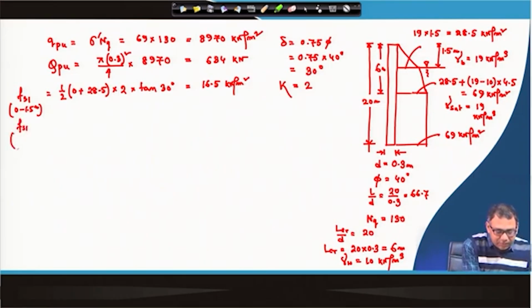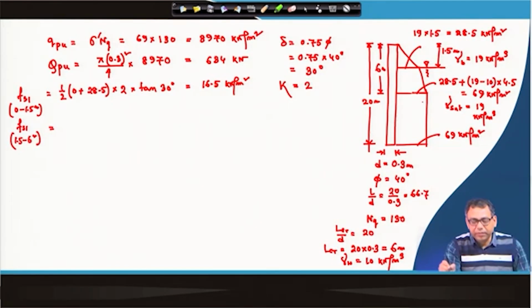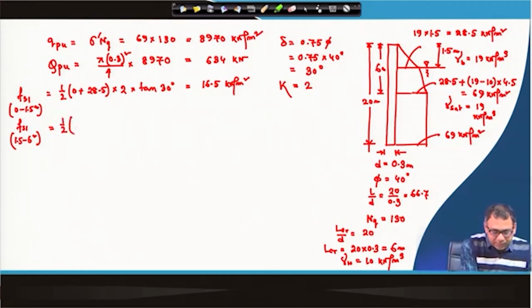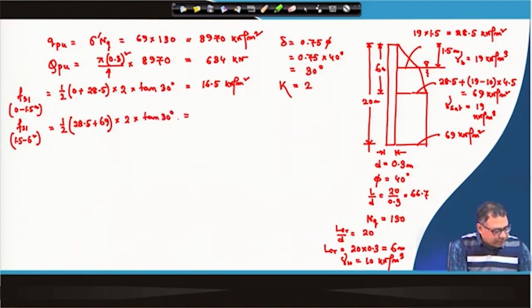Similarly, FS1 for 1.5 to 6 meter. So, it has two values. So, half of, one is 28.5, another is 69, into 2 into tan 30 degree, that is equal to 56.3 kilonewton per meter square.